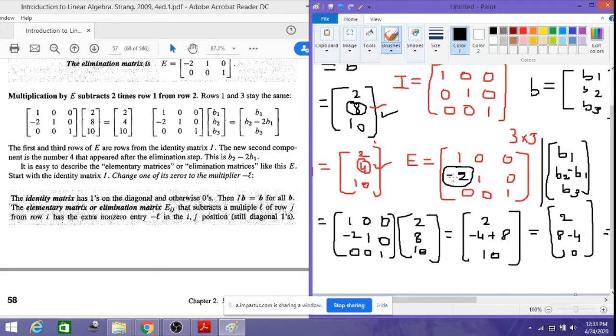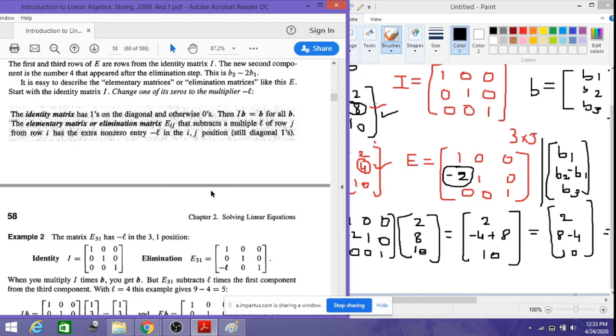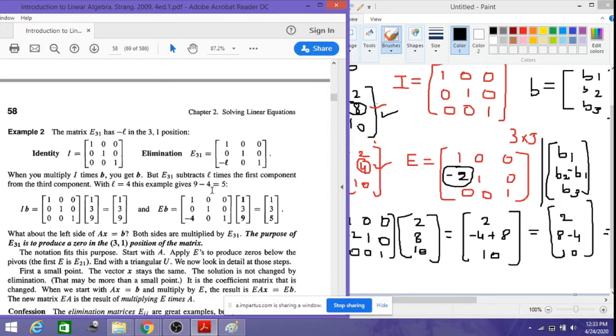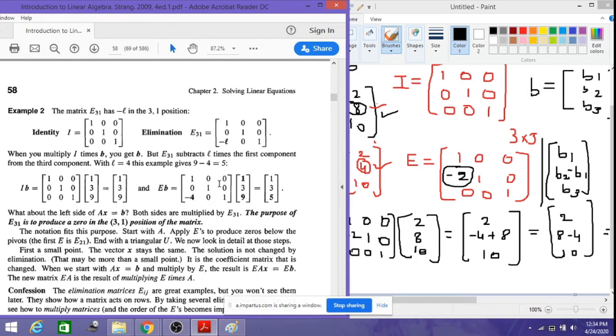If you want to do the same thing with the third component, then based on that we are going to replace the zeros here with that multiplier factor. So that is the funda of this elimination process. Right, now let us try one more example here with a new B.